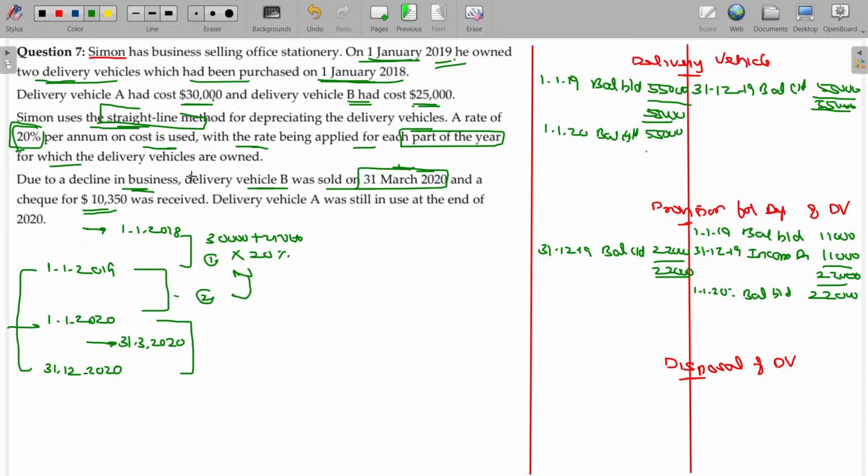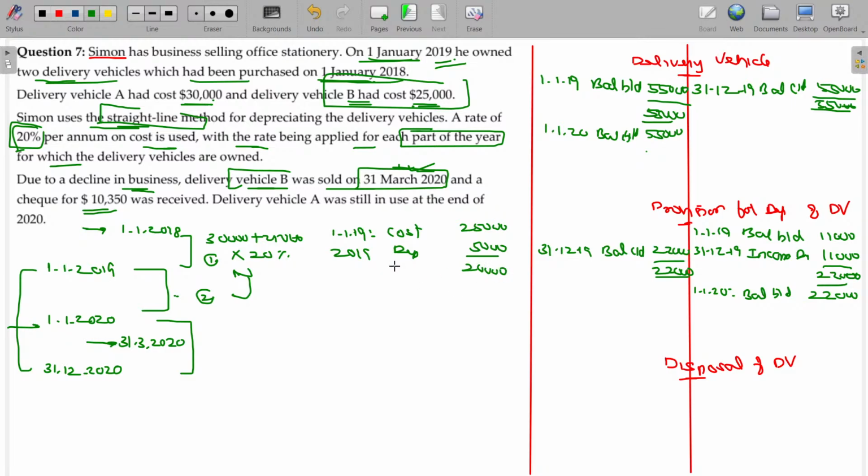Which asset sold on 31st March? Vehicle B. Vehicle B originally purchased for 25,000. 1/1/19 cost being 25,000. Depreciation for the year 2019 at the rate of 20% being 5,000, 20,000.